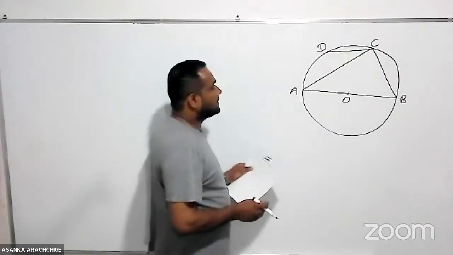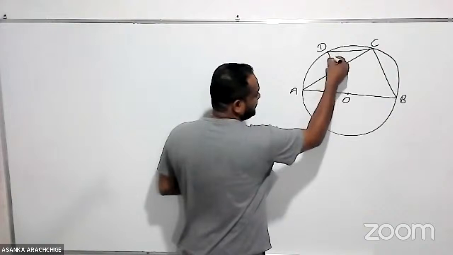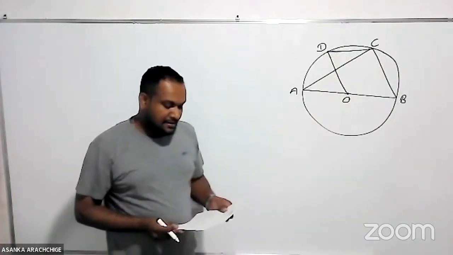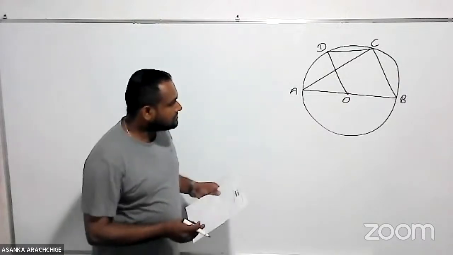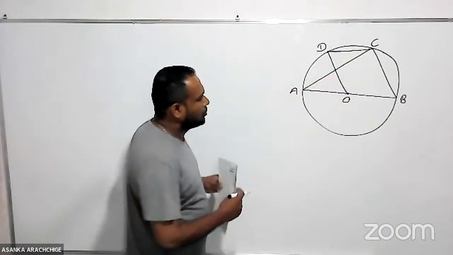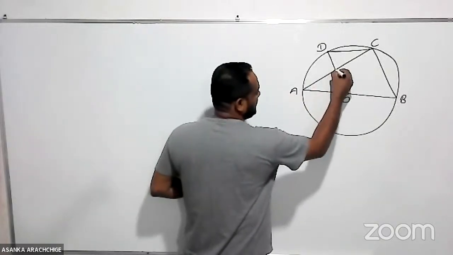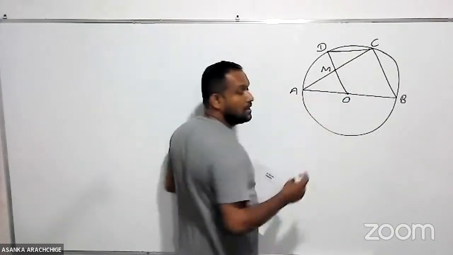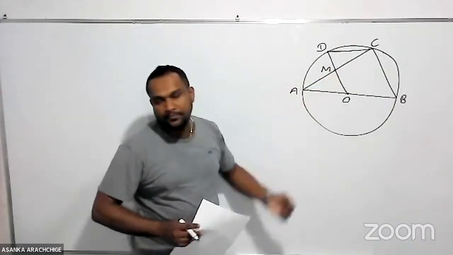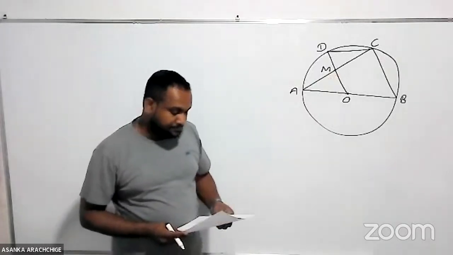You can see B has been joined to O like this. So this is the given diagram. And the point of intersection of AC and BO is given to be M. Capital M is the point of intersection of these two lines.